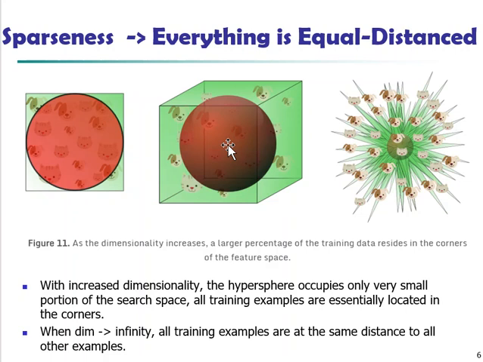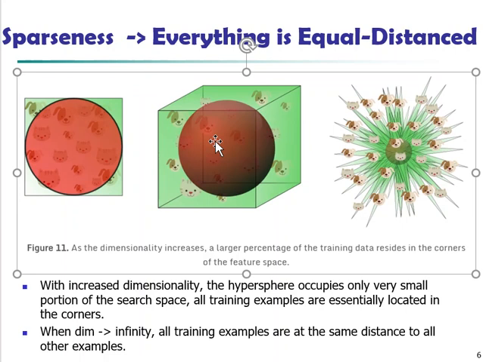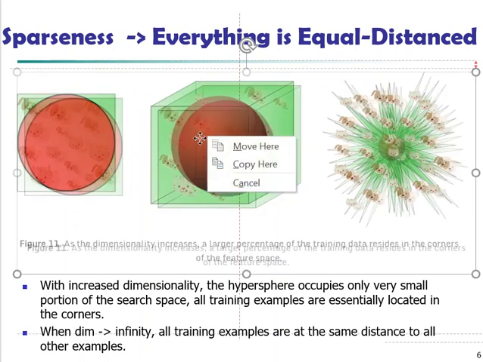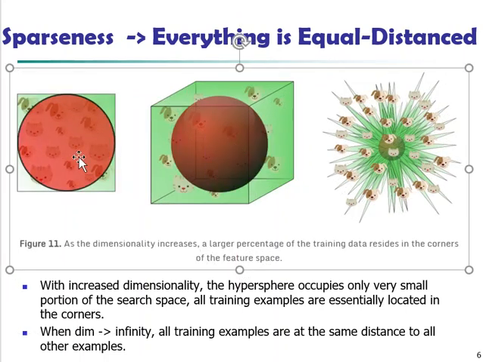And we know that the percentage of the space occupied by this ball is smaller proportional to the entire cube as compared to the two-dimensional space. Now we have more space that's not covered by this ball.